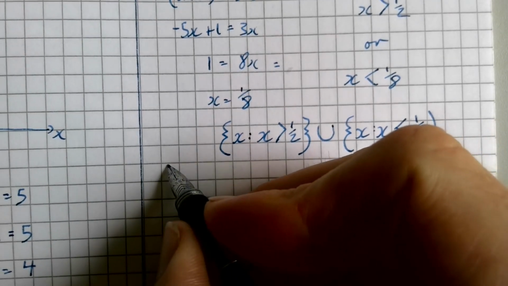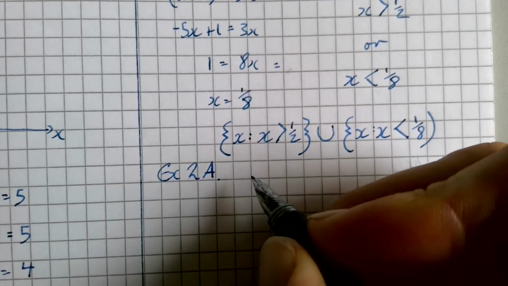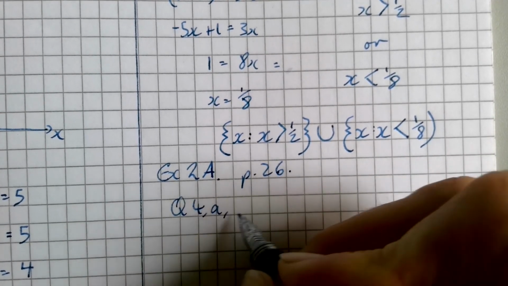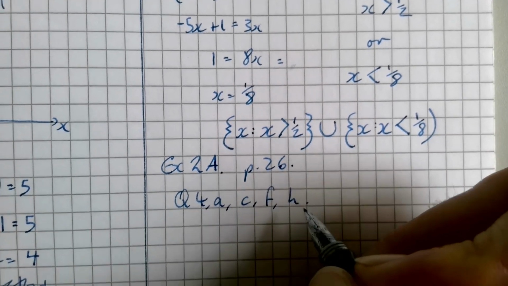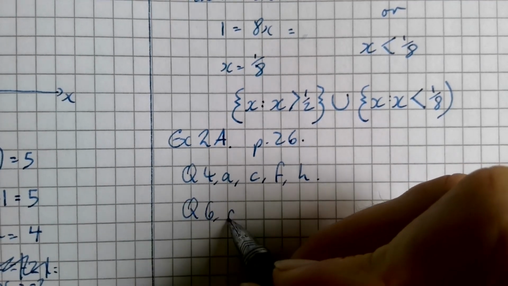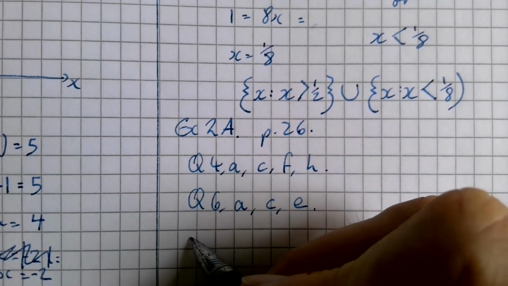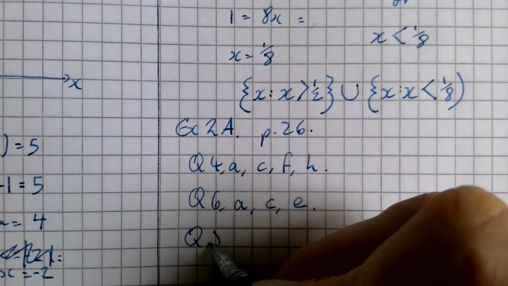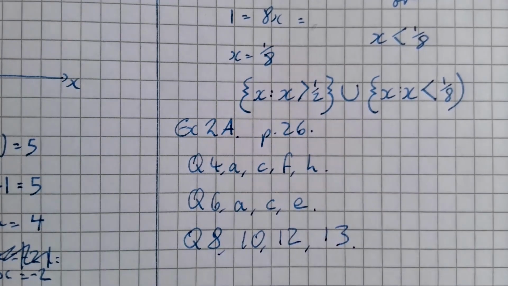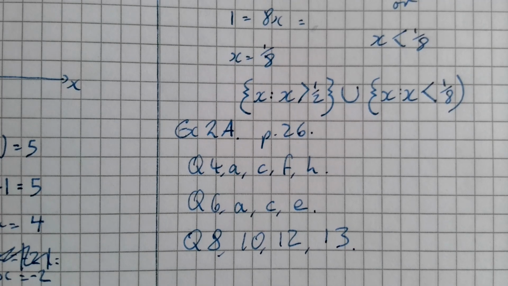And the questions I'd like you to have a go at are on exercise 2A, which is on page 26, and we're looking at question 4, A, C, F and H. Question 6, parts A, C and E. Those will get you both quite well practiced in different things, and then the exam style questions are question 8, 10, 12, 13. We've done quite a few examples, so if you feel confident enough to jump straight onto the last 4 there, then by all means do that.